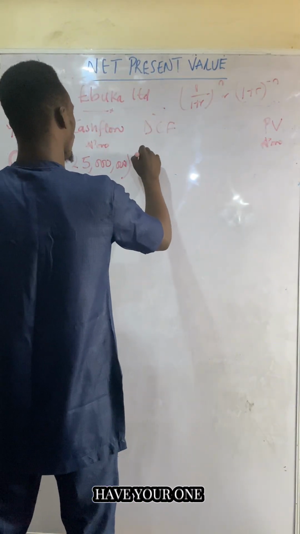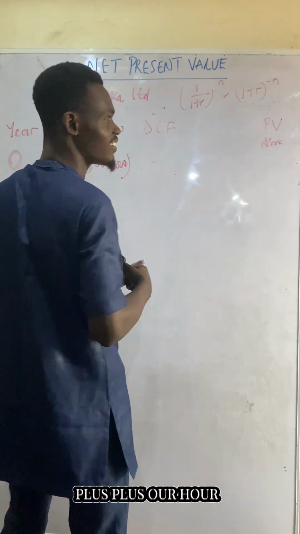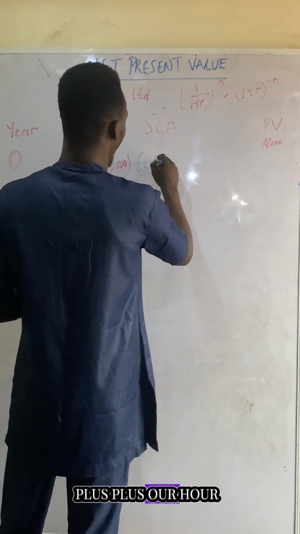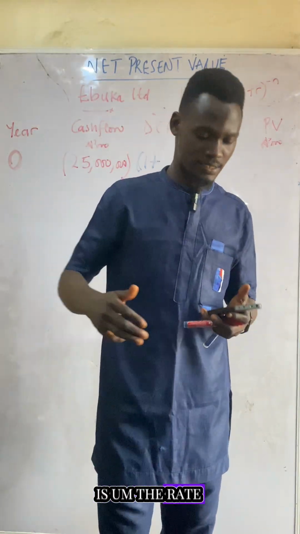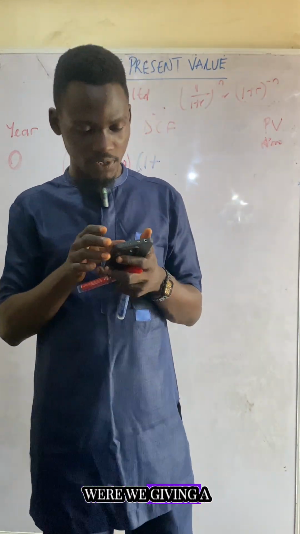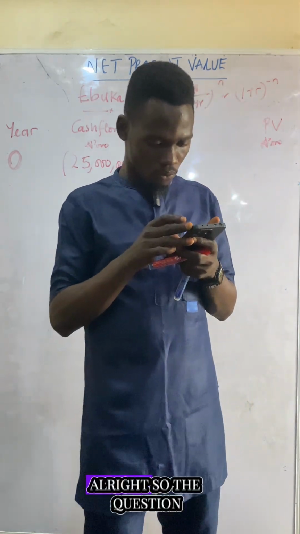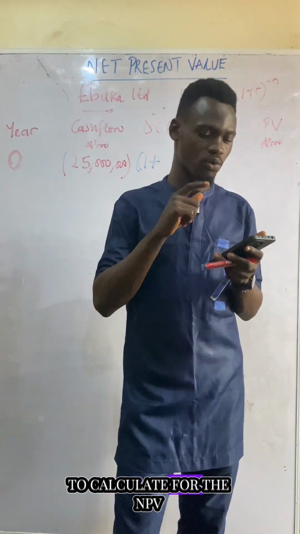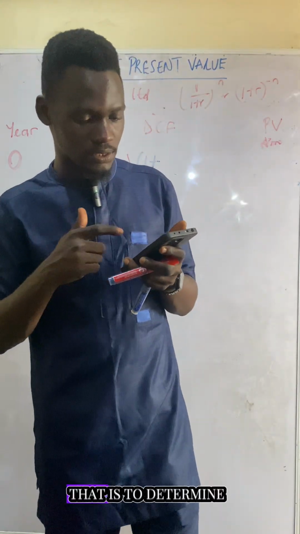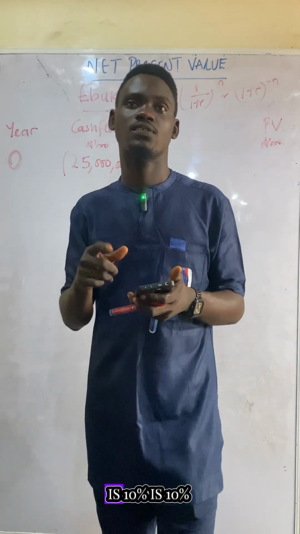So you have your 1 plus our R. Now the R here is the rate. If you look at the question, were we given a particular rate? The question asked us at the end to calculate the NPV, that is to determine whether or not the project should be undertaken, and the rate here is 10%.